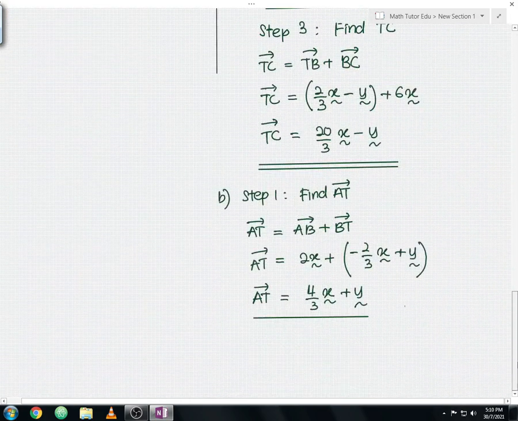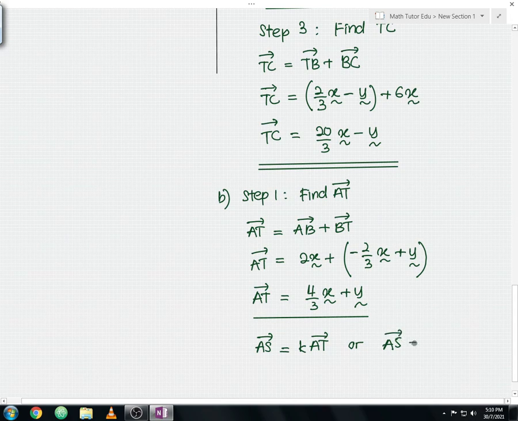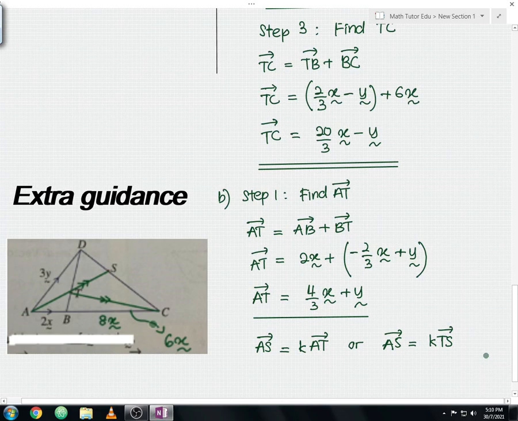So let me write, you can form this relationship where vector AS is equals to K AT, or vector AS is equals to K vector TS. Either one is acceptable, guys, but since in this working we have found the vector AT, we use this relationship.